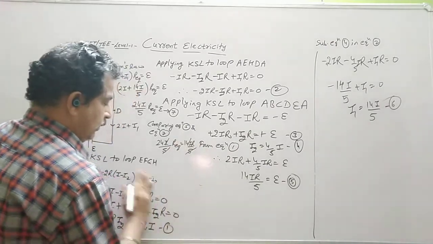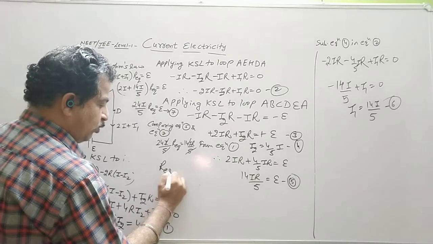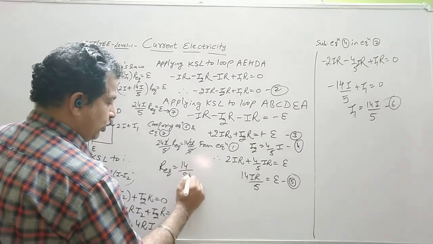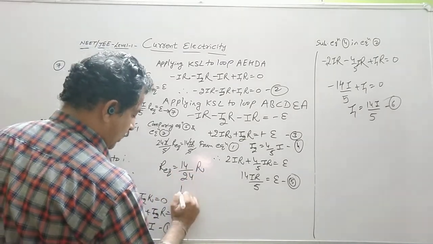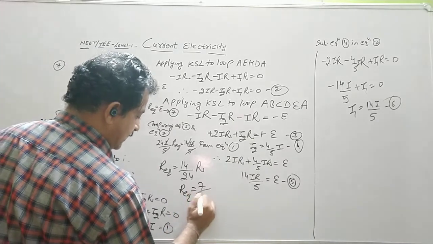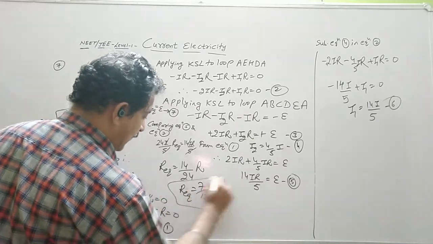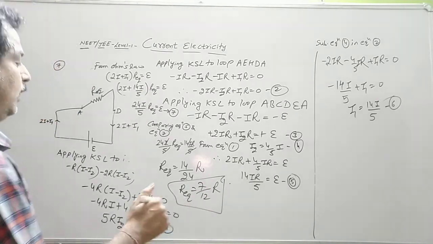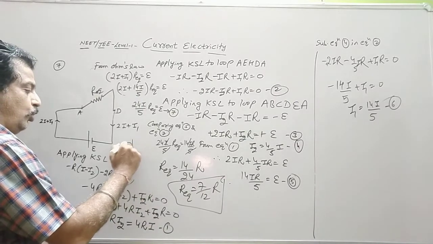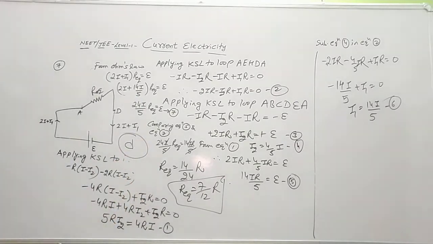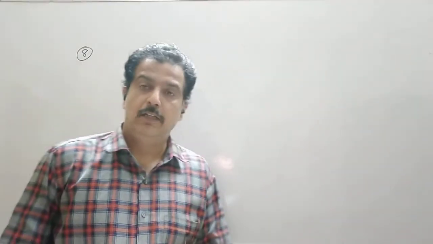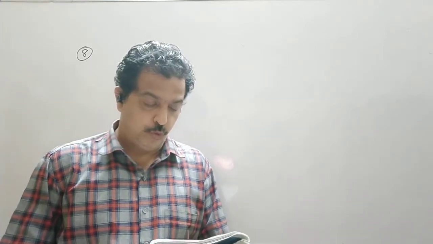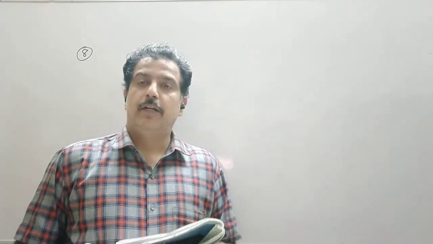So we have R equivalent is equal to 14 upon 24 R. So R equivalent becomes 7 by 12 R. So we have option D for this MCQ.